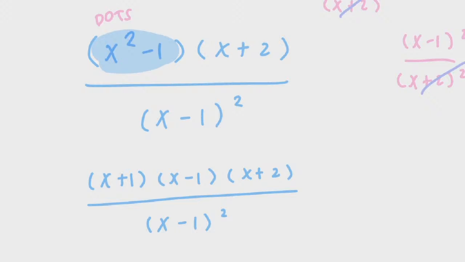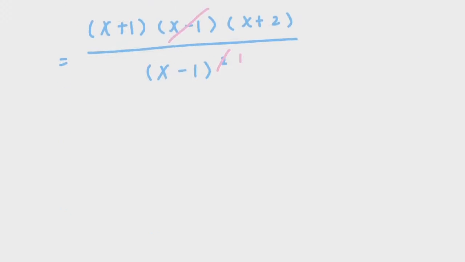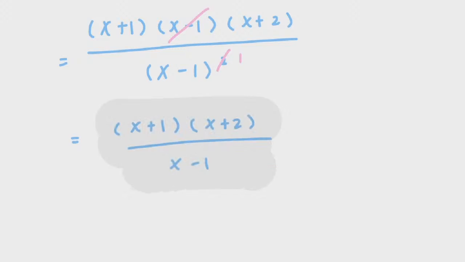So in the numerator and denominator, they both have an x minus 1, so I can cancel out one of those. So that means we are left with x plus 1 times x plus 2 over x minus 1. And we can't simplify anything else, so this is going to be the final answer.